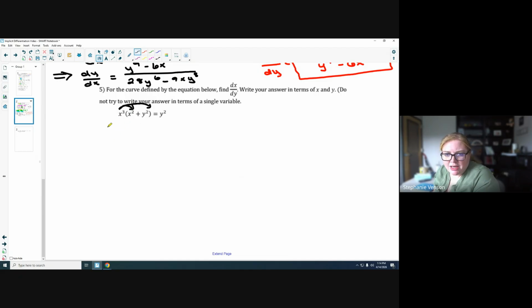Okay, so x cubed times x squared is x to the 5th. X cubed times y squared is x cubed y squared, and then that's equal to y squared.